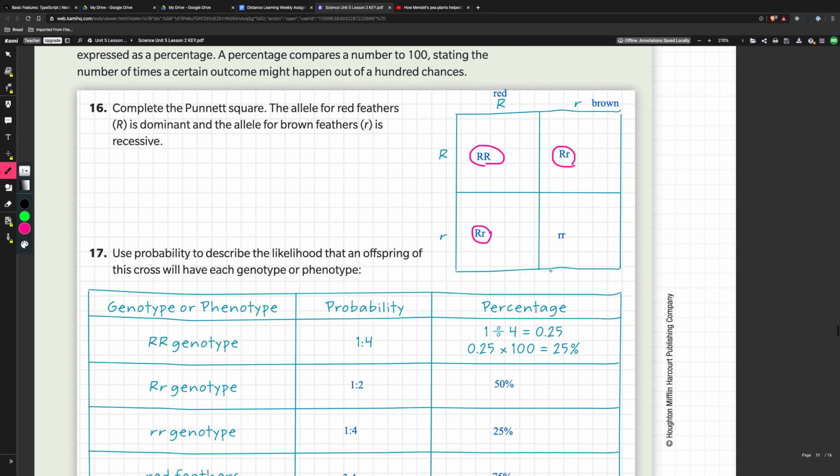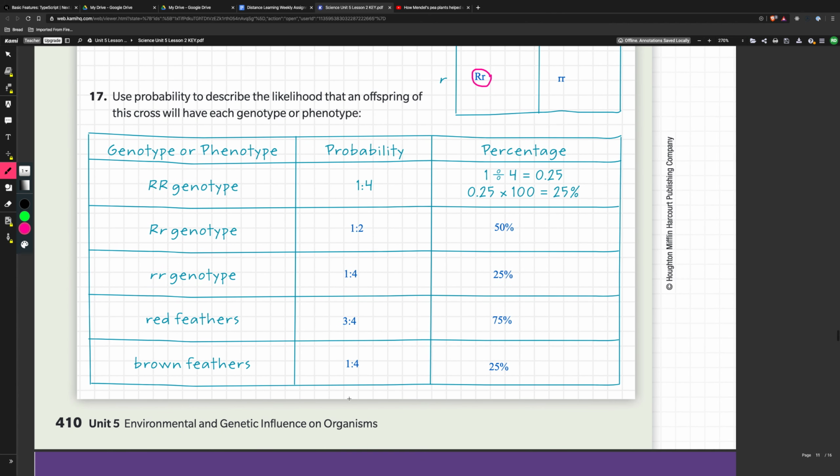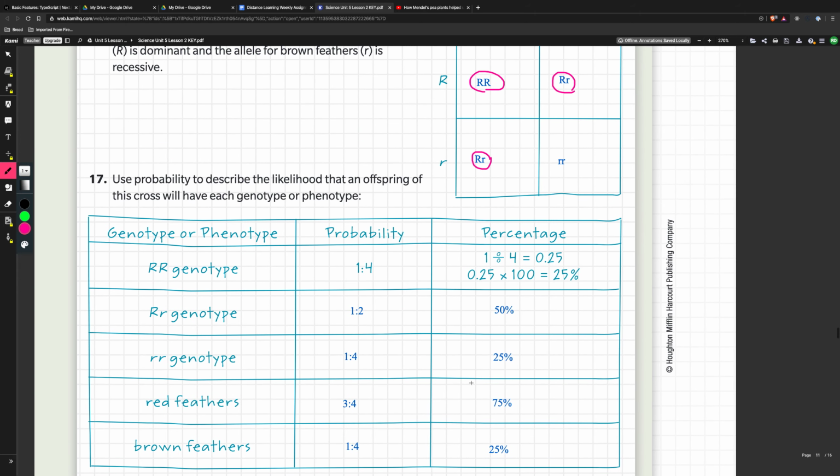Brown feathers, this one is the only one with brown feathers. And it only gets brown feathers because this offspring received the recessive gene from this parent and the recessive gene from that parent. So it ends up with brown feathers, so 25% chance.